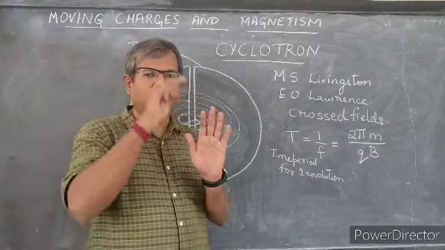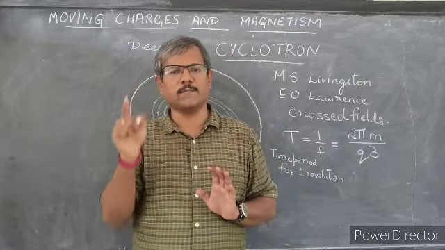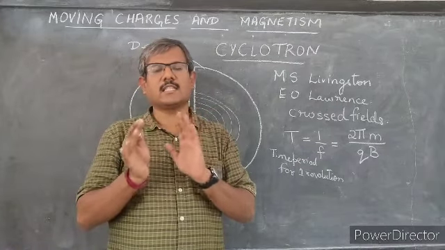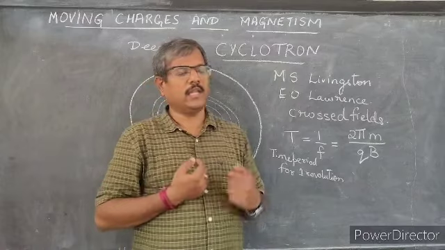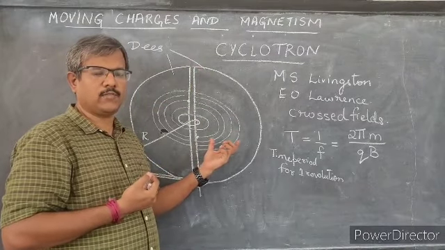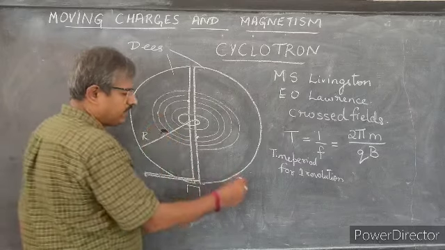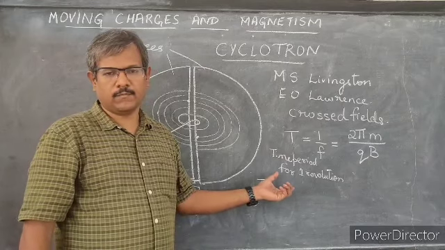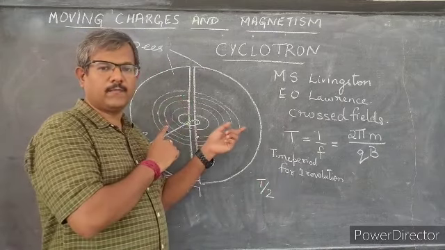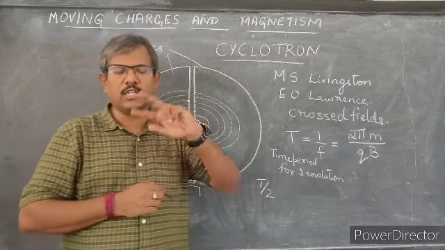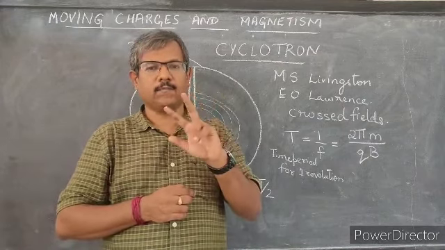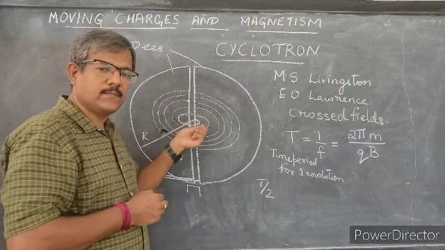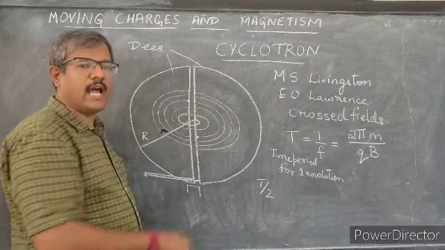So alternatively, as the particle is making its motion, the plates have to be reverse polarized. If this was at a lower potential at one point of time, by the time the particle has finished T by 2, or half a revolution, the other plate has to be at the lower potential. So this has to keep fluctuating constantly at a speed equal to the speed at which the particle is completing every half revolution.